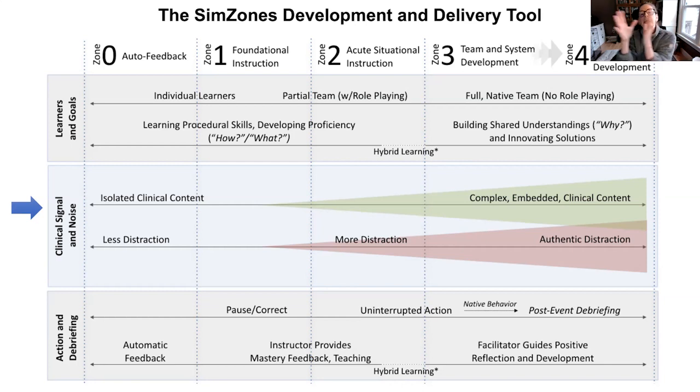They're not ready to be in that zone 3 where it's team behavior and greater complexity yet, because they've not practiced in the acute situational instruction. So the intent of this curricular build is that you're having increased complexity, increased noise, decreased signal as people get more experience.